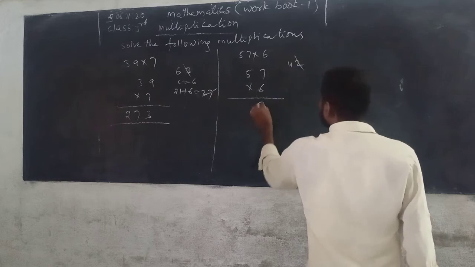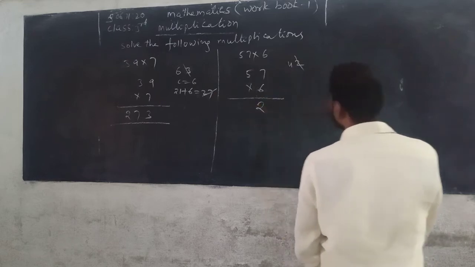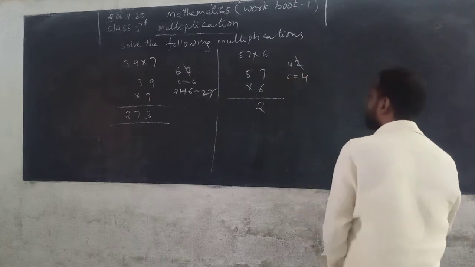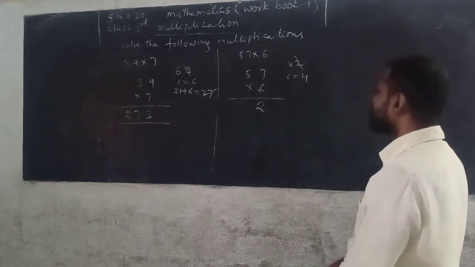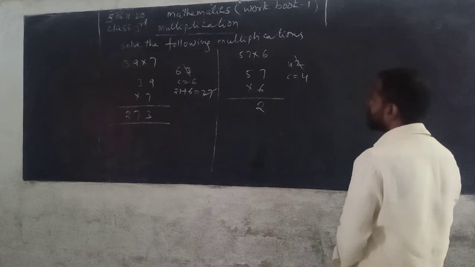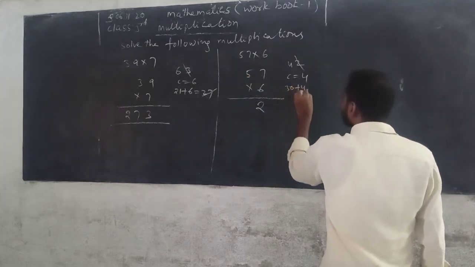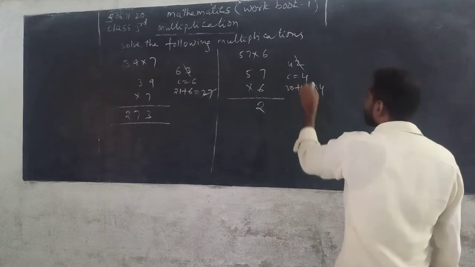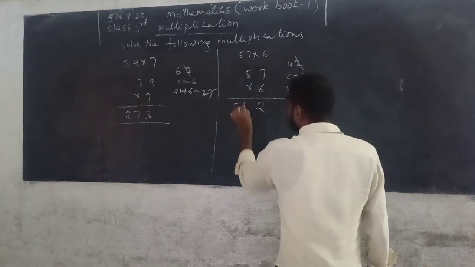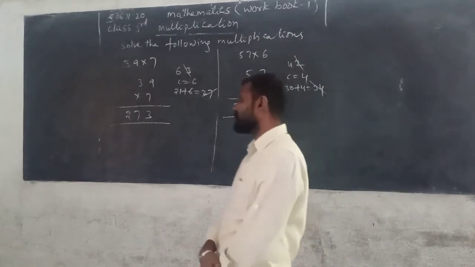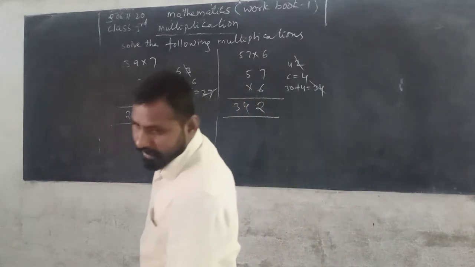In it, 2 is taken and written down in ones column of the product and carrying 4. Now next we multiply the digits in tens place, that is 5 with 6. 6 5s are 30. So 4 is added to 30. You get 34. So you can write the total number, because this is the last place of the given number. So product is equal to 342.